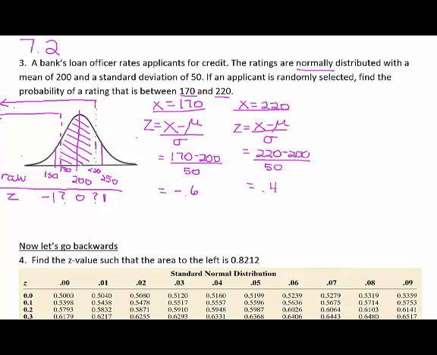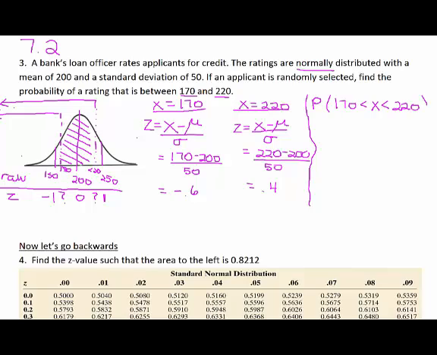So what we're looking for is, what's the probability that the rating, if we pick one random person, is going to be in between these? And this is the way you're going to see it a lot, so I'll write it that way. What's the probability that the score we pick is going to be in between these two? So how do we do that?